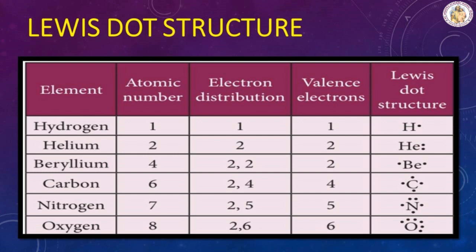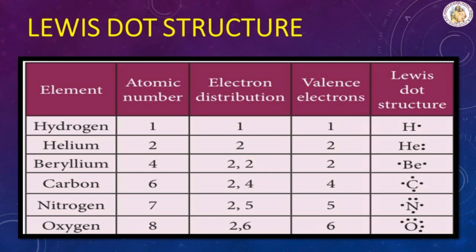Here in the nitrogen, listen carefully, 2 paired electrons are there, so we will keep a paired dot, and the other 3 are unpaired electrons, so these 3 electrons are represented by single dots. Okay, 2 dots is a paired electron, so that is a paired dot, and the other 3 are unpaired electrons, so single dots.